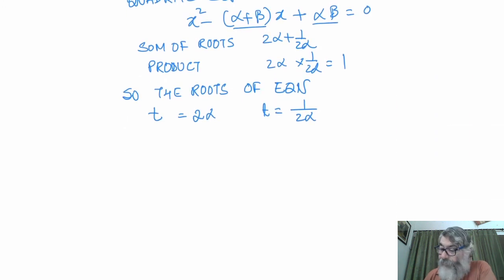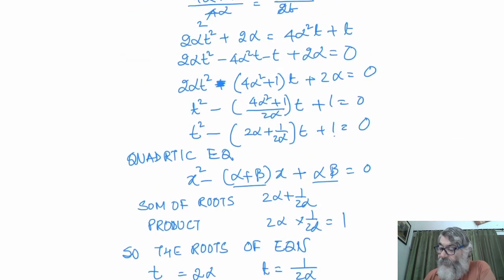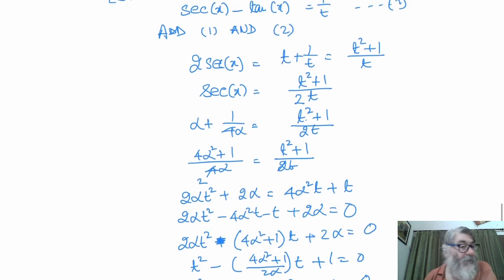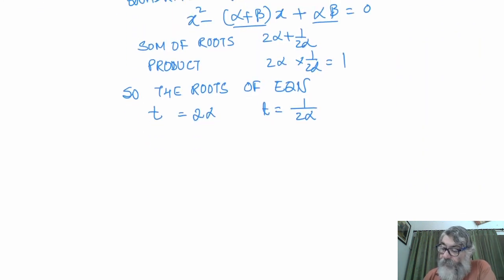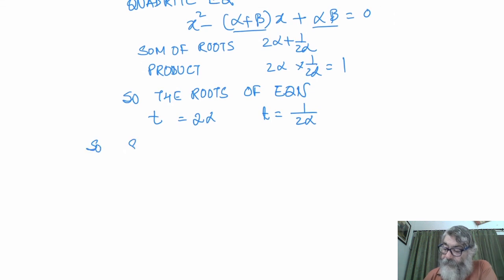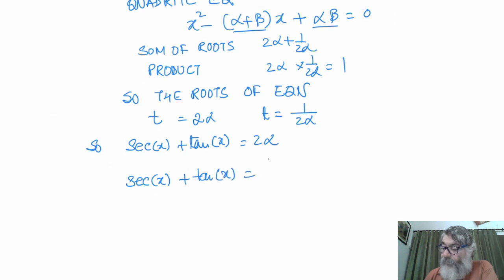And what did we assume t to be? Sec x plus 10x. So sec x plus 10x is either equal to 2 alpha, or sec x plus 10x is 1 upon 2 alpha. That is what he wanted, either this or that.